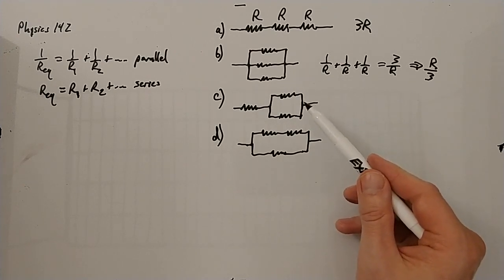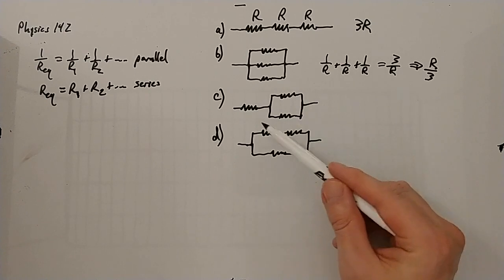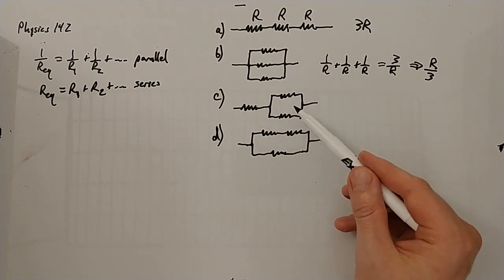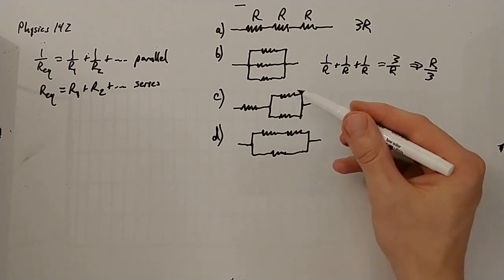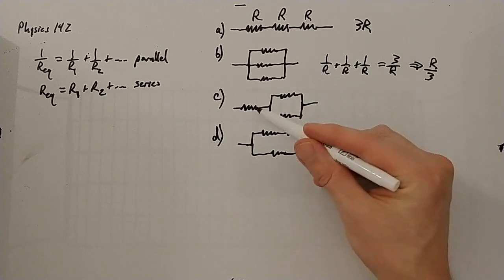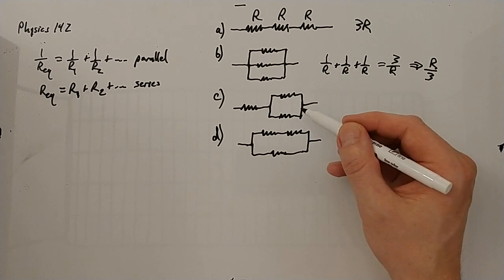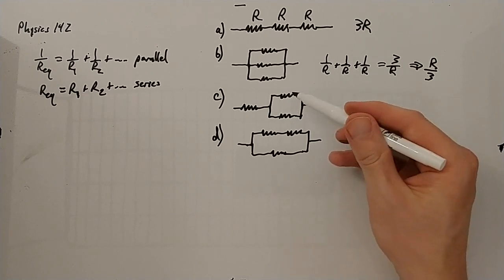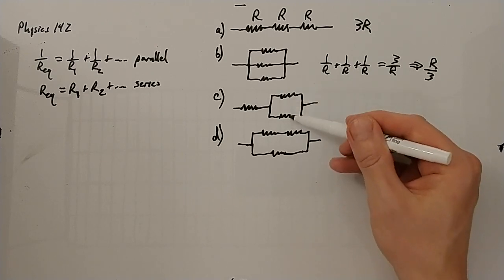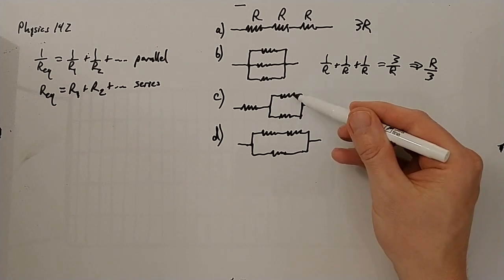All right, but what about example C here? Well, for example C, we have 2 things in parallel and something in series, so we're going to have to break this down and make simpler circuits. So let's think about these 2 here. They're in parallel with each other.